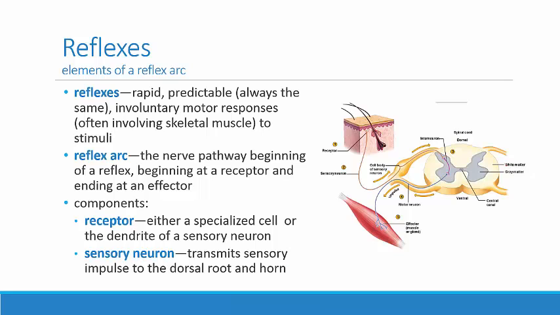So for instance, we have a receptor here in the skin. It's a pain receptor. Here is a sensory neuron that is bringing information toward the spinal cord. We have an interneuron that's connecting that sensory neuron then to a motor neuron that shows a response. In this case, maybe a withdrawal response.